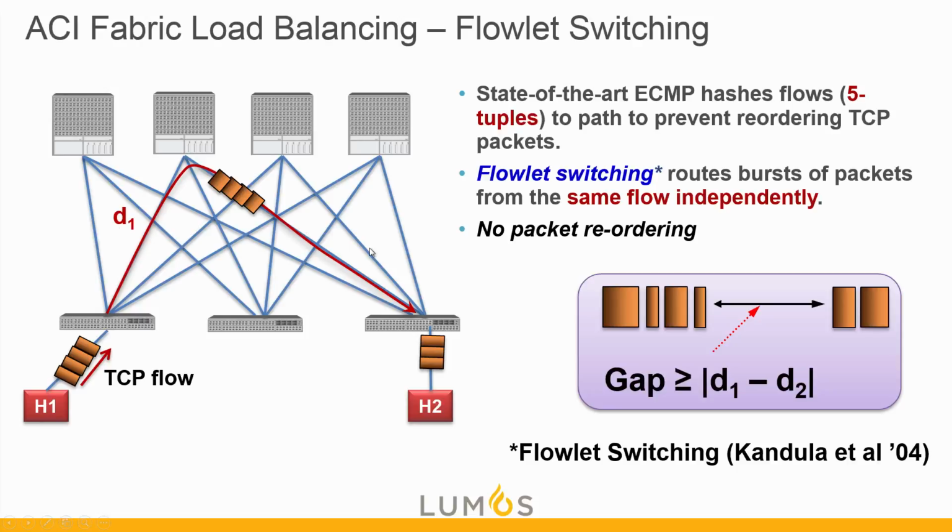But if the leaf switch can detect that the delay between those two is greater than one of the other links' latency, then it can send that traffic out another link and ensure that it's received by the egress leaf 3, by the egress VTEP, still in order.